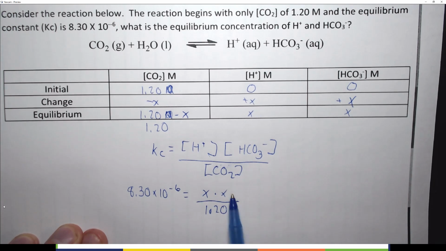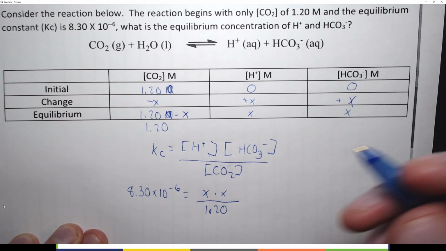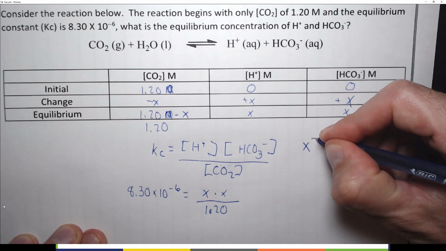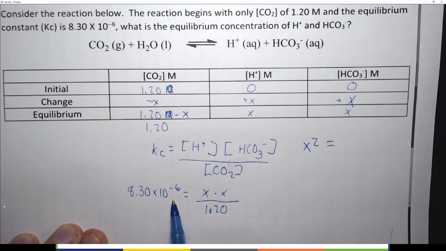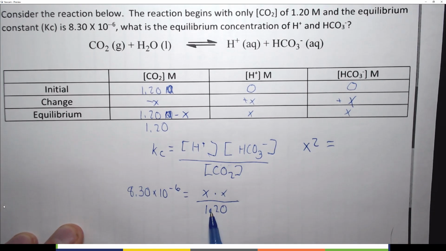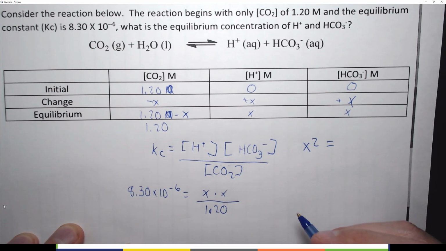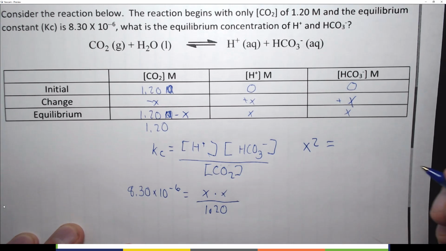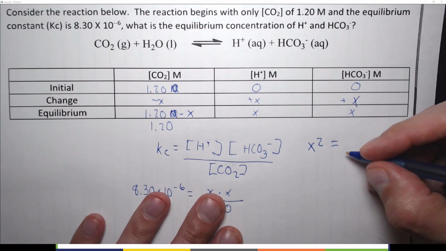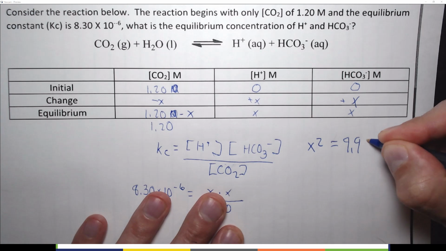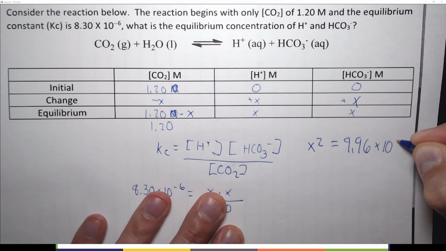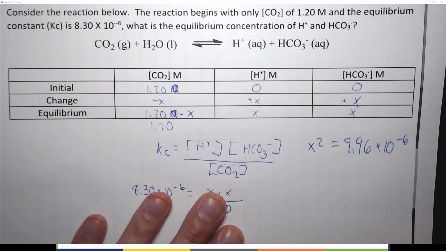All right, cross multiply, bring the x's together and put them on the other side. And we end up with x squared equals 8.30 times 10 to the minus 6 times 1.2, which is 9.96 times 10 to the minus 6. How am I going to solve this?